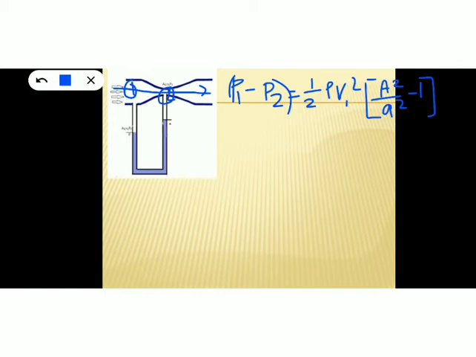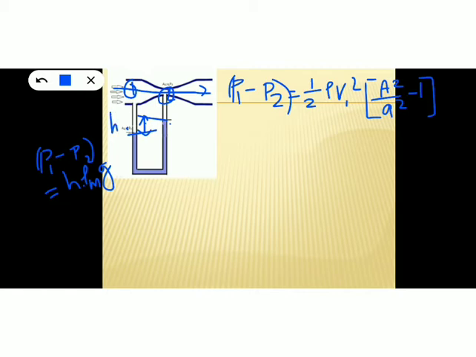So this P1 minus P2 can be regarded as equivalent to H rho G, and to be more specific we can write it as H rho suffix m into G, where rho m is the density of the liquid in the manometer. We had already studied one expression in the beginning of this chapter: the pressure difference can be considered as equivalent to H rho G, where rho is the density of that liquid. Here the height difference is shown by the liquid in the manometer, and that height difference is denoted by H. So density should be substituted as that of the manometer liquid.